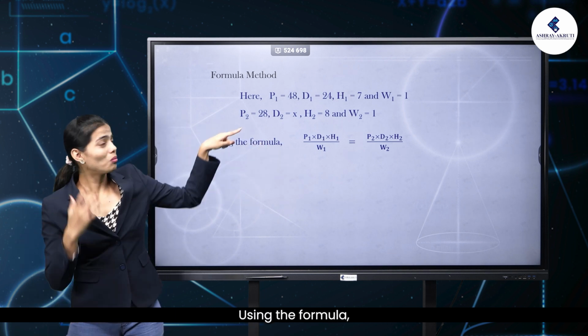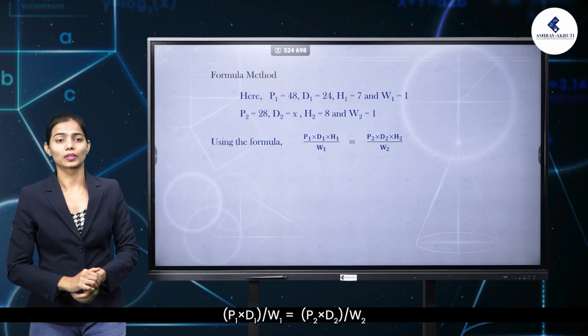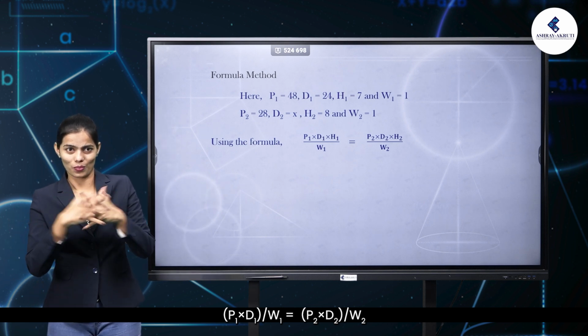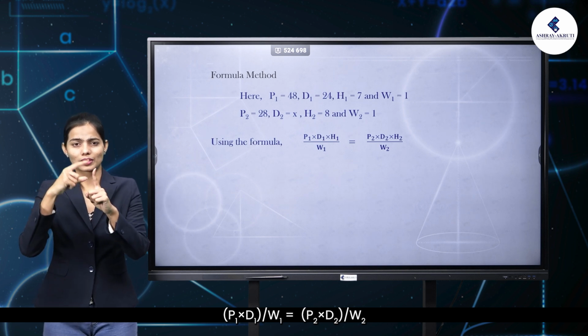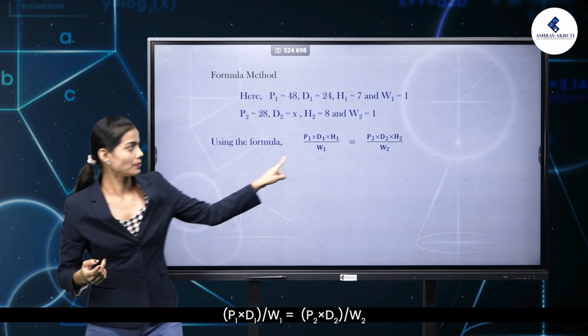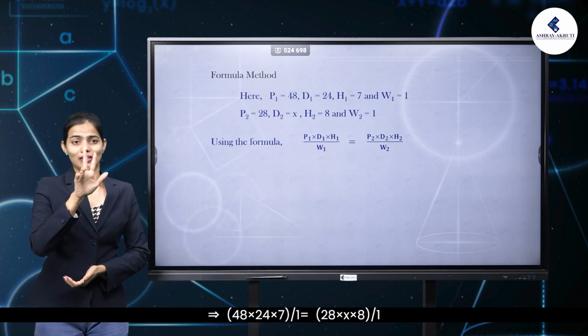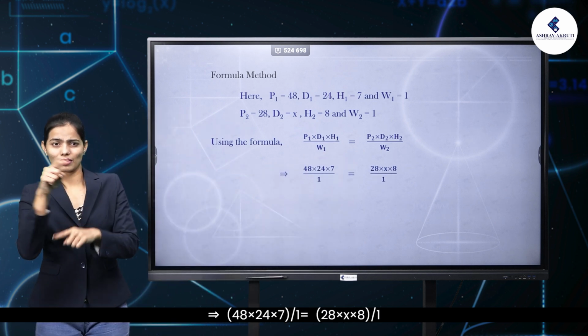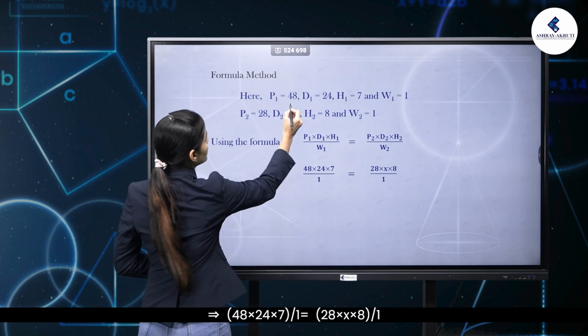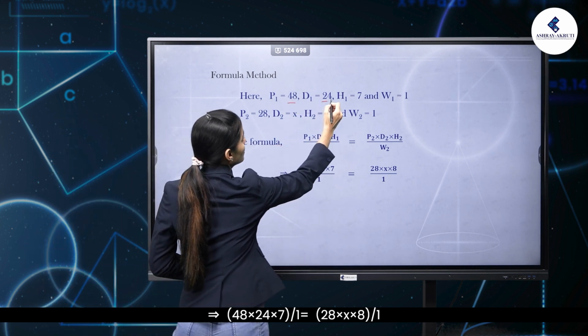Using the formula P1 into D1 into H1 by W1 is equal to P2 into D2 into H2 by W2, 48 into 24 into 7 by 1 is equal to 28 into x into 8 by 1.